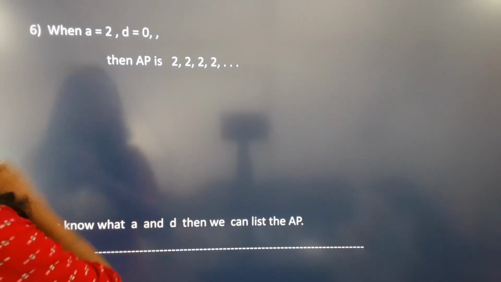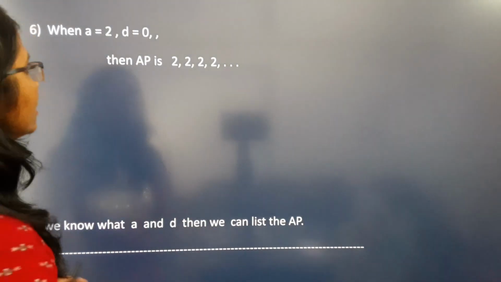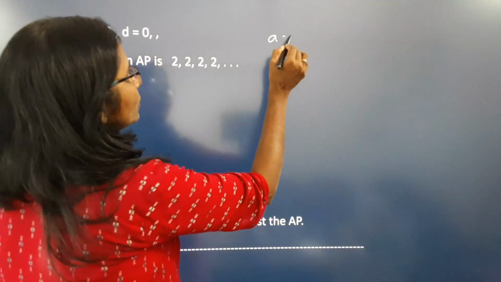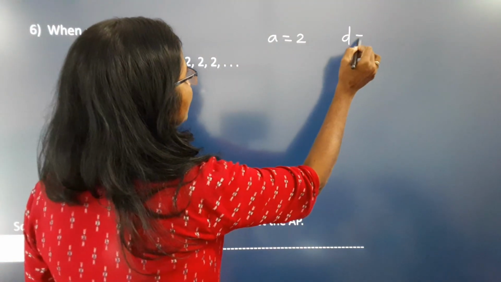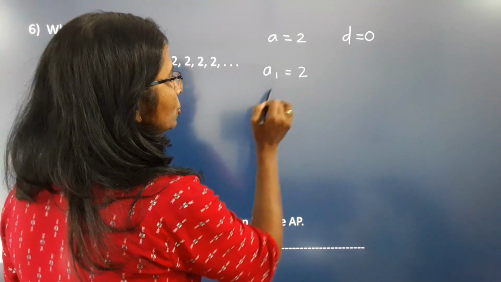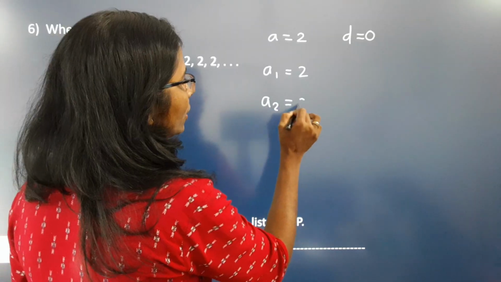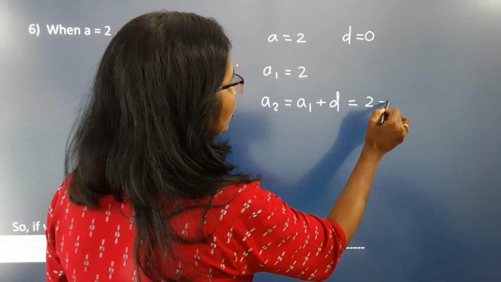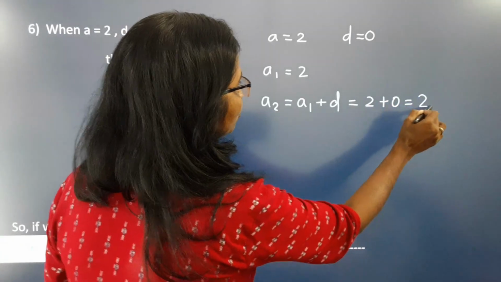Now in the sixth example, see here A is equal to 2, D is equal to 0. That means A1 is equal to 2, A2 is equal to A1 plus D, where A1 is 2, 2 plus 0 which is equal to 2.